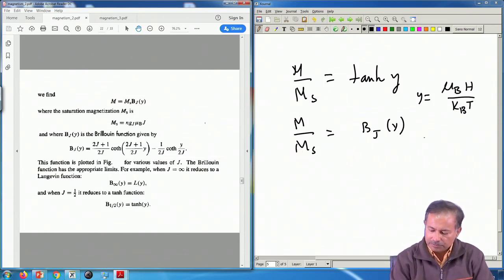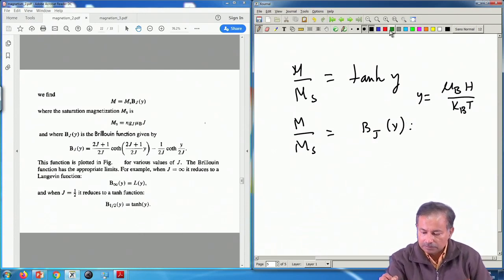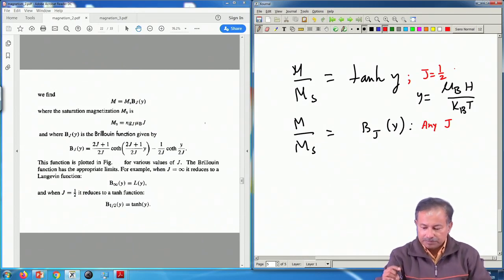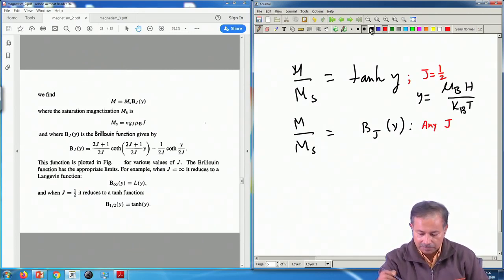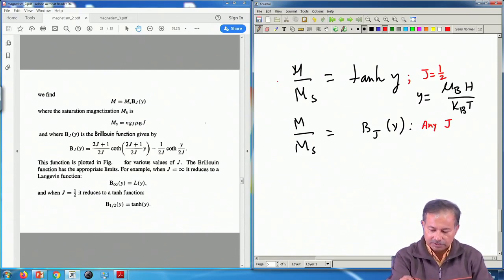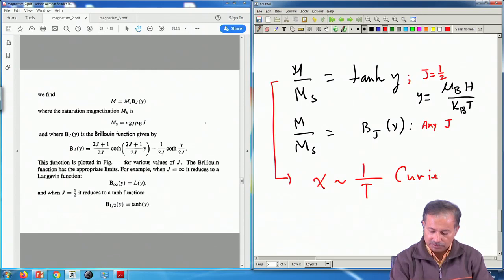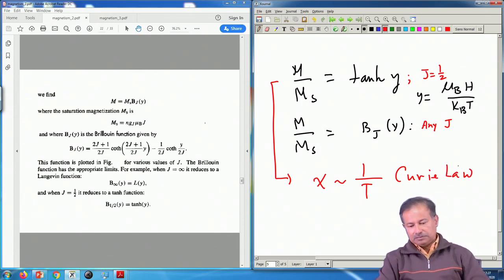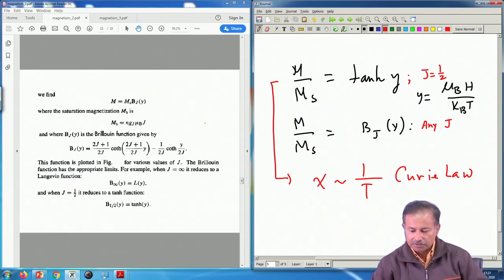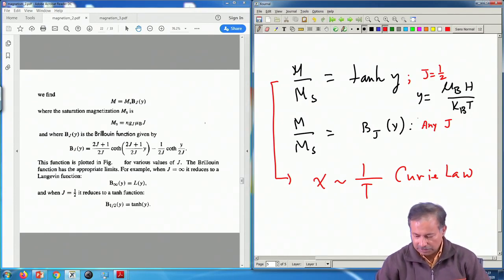So, for arbitrary j, and j equal to half, this dependence leads to, so this one for example gave us a susceptibility which was proportional to 1 over T, and this is actually the famous Curie law obtained by Pierre Curie, and so it carries his name.